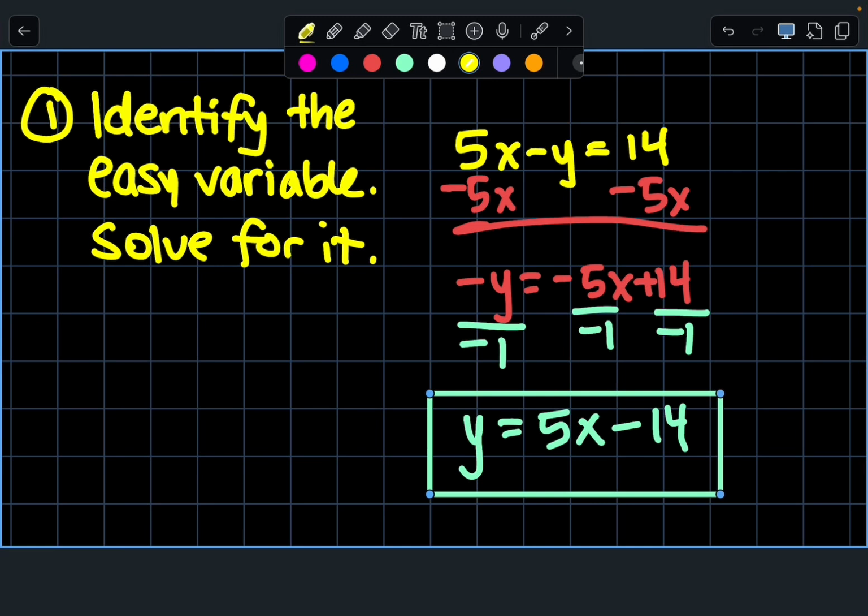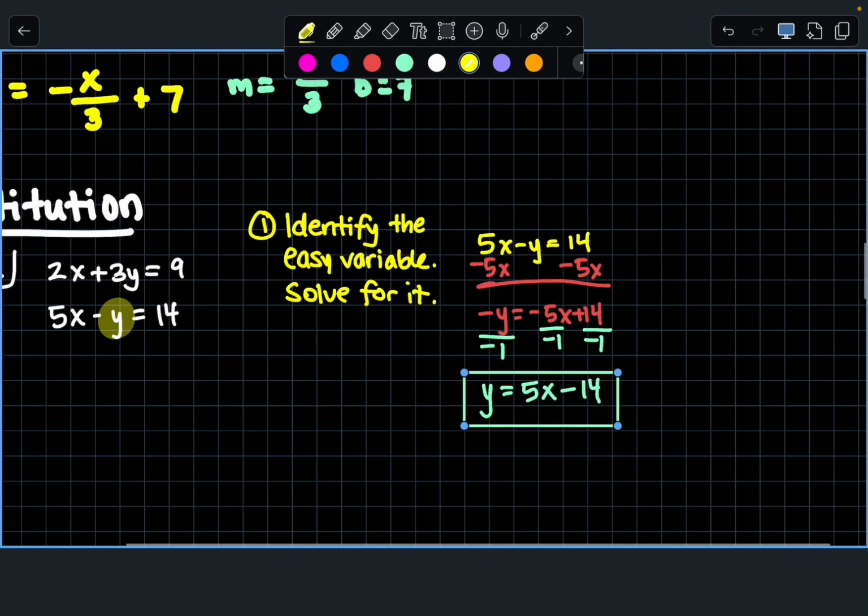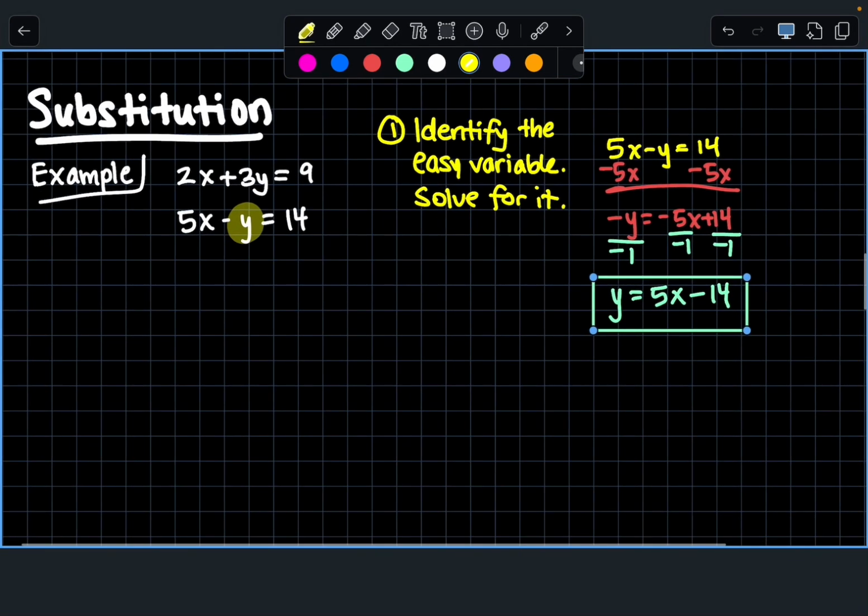All right. You guys good with solving for y? Yes? Okay, cool. So what do we do next? So once you've identified the easy variable and that you've actually solved for it, this is where the substitution portion comes in.